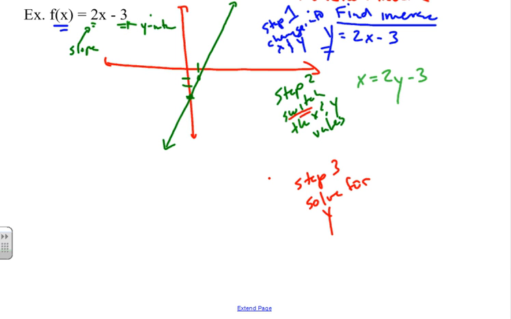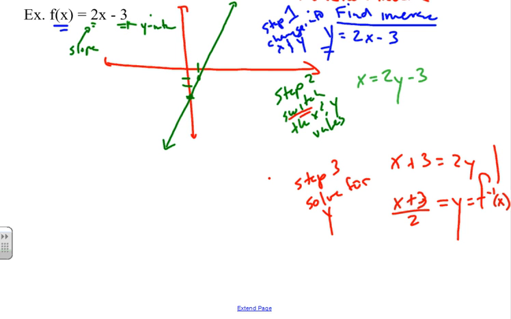Now when we solve for y, it's a pretty simple, basic equation. We divide by 2, so we have x plus 3 divided by 2 equals y. And this is what we call our inverse. Now, this is some weird notation that you will see: f with this little negative. It doesn't mean reciprocal, even though a lot of students think it does.